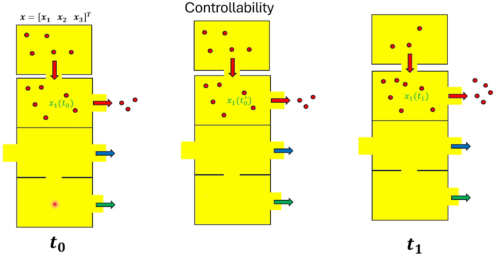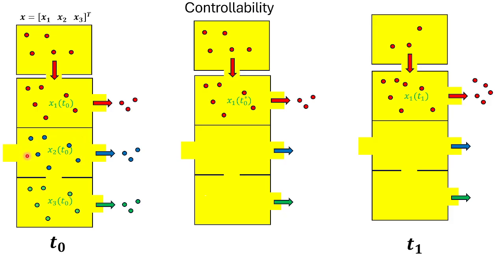Now let's consider the next two compartments, x2 in the second one and x3 in the last one. They have their own air particles. Now the question is, can we control the state x2, or can we control the air particles or the density of air inside this compartment?